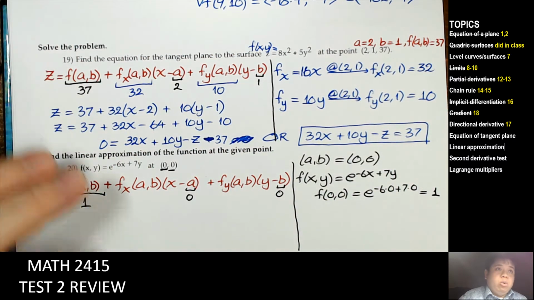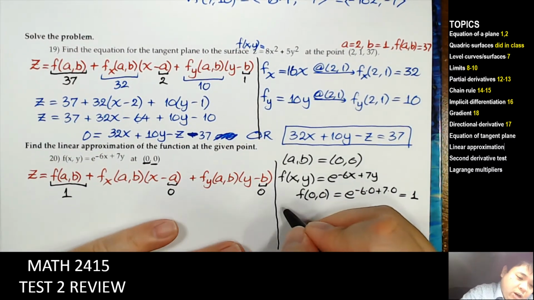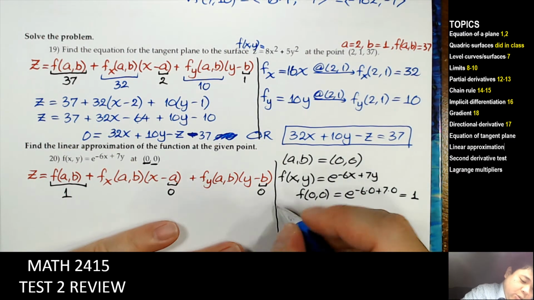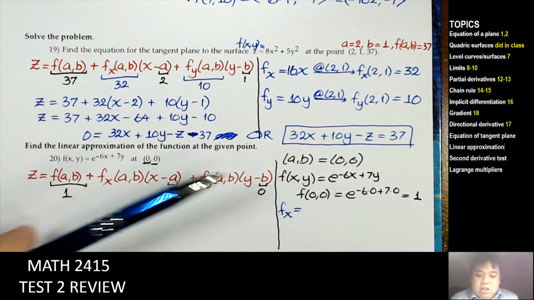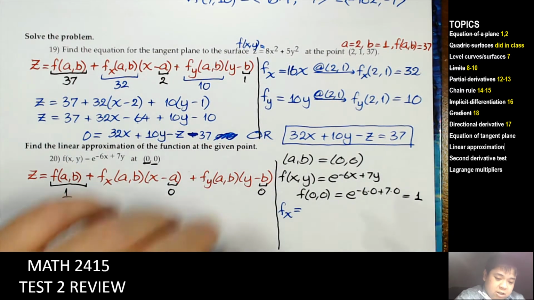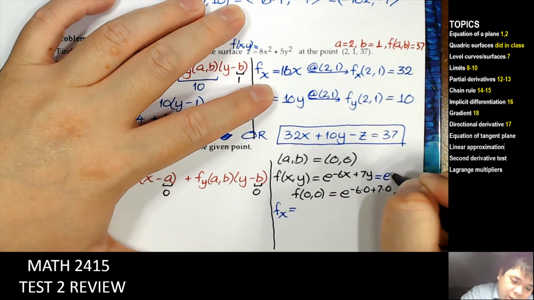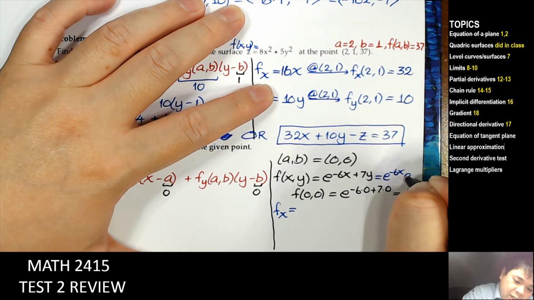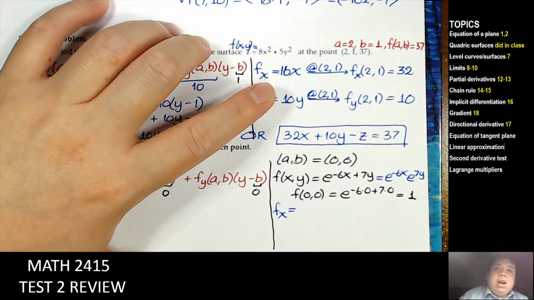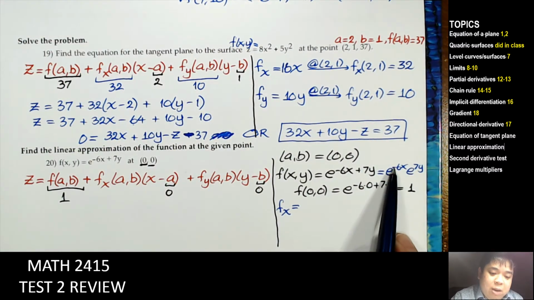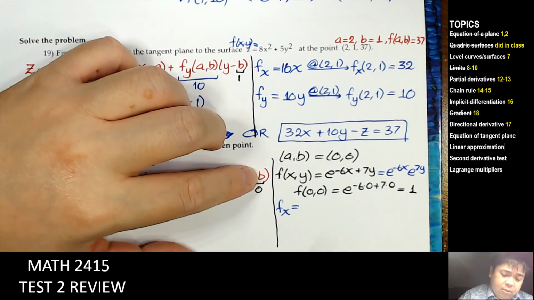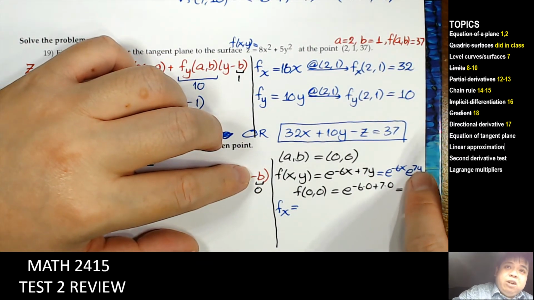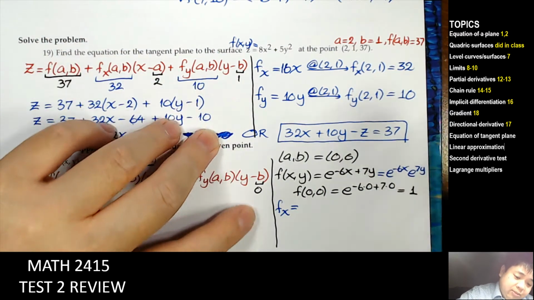We just need the partial derivative with respect to x and with respect to y. Derivative with respect to x. Now it will be easier if we rewrite the function as e to the negative 6x times e to the 7y. When we write it like this, this is with respect to x, that one with respect to y. The derivative will be very easy. Now with respect to x, e to the 7y is a constant, so it will stay there.